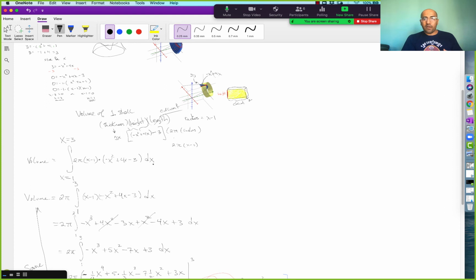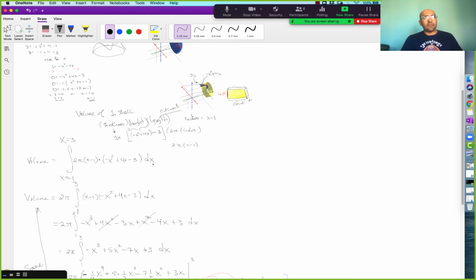When the exam comes, I might do the same thing for at least a couple of questions where I just ask you to set it up, and the setup might result in a really ugly integral. But you would just stop there, as long as you know what you need to solve, right? Step 1 is to figure out which integral you need to solve, and then solve it.